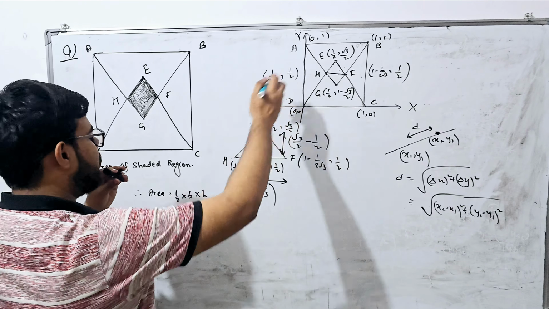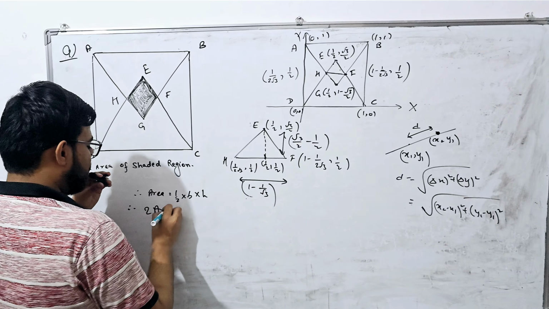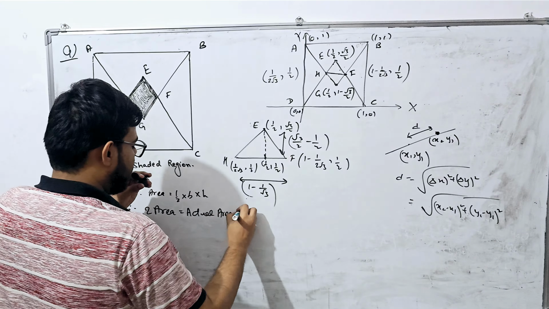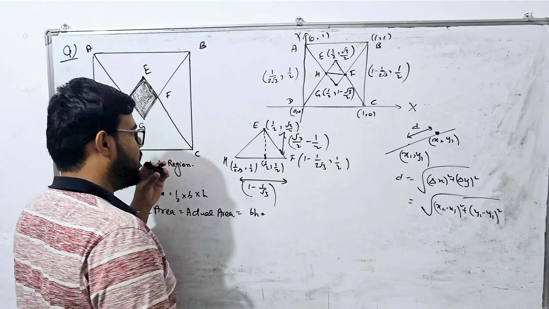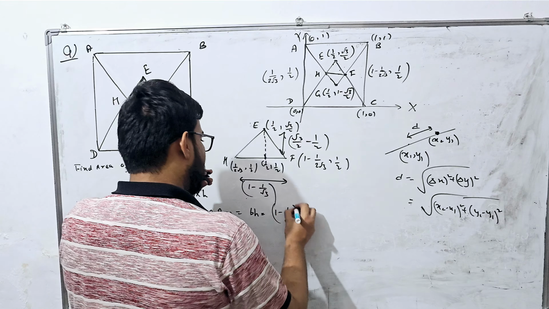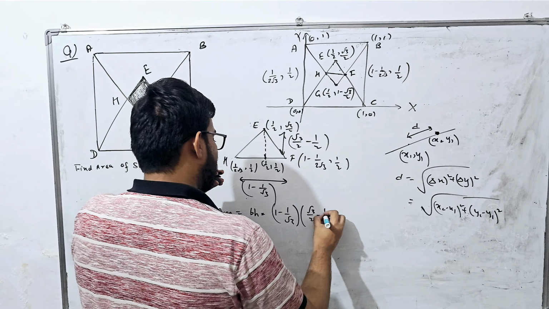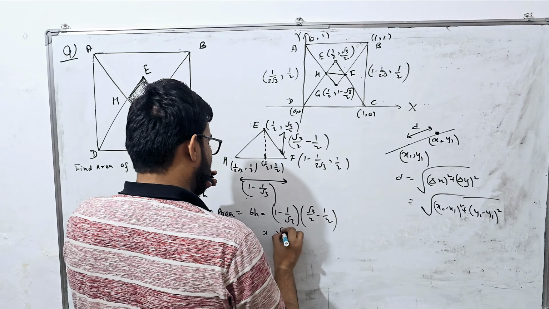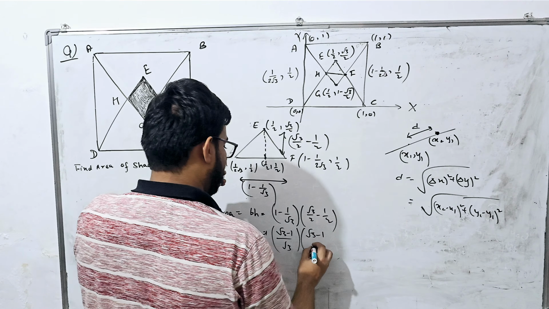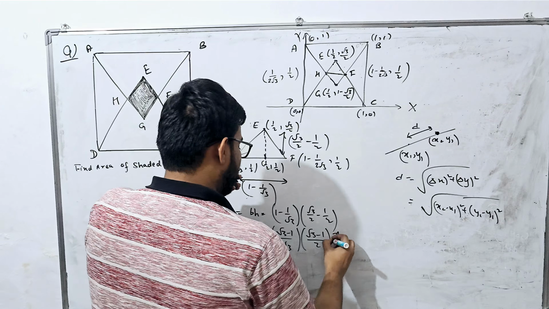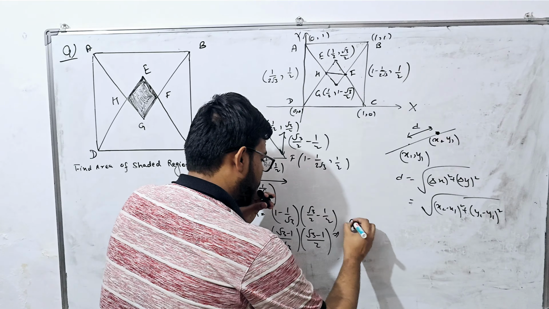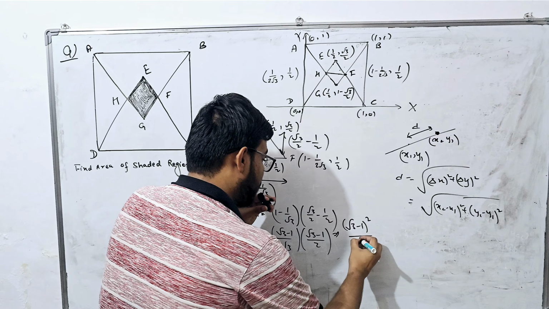We want the area of these two triangles, so basically we want twice the area, which is the required area, is equal to BH, which is equal to 1 minus 1 by root 3 multiplied by root 3 by 2 minus 1 by 2, which is equal to root 3 minus 1 by root 3 multiplied by root 3 minus 1 by 2. So we get root 3 minus 1 multiplied by root 3 minus 1, which is root 3 minus 1 whole square, divided by 2 root 3, right?